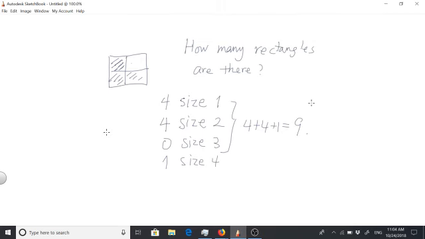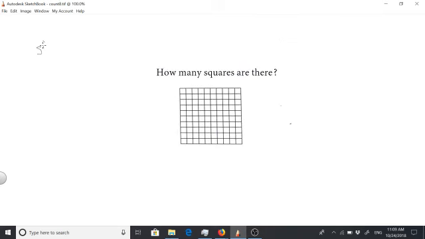Now let's look at this question. How many squares are there in this picture? We'll do this problem again by counting by the size. So let's first look at the number of size 1 squares. And how many are there?